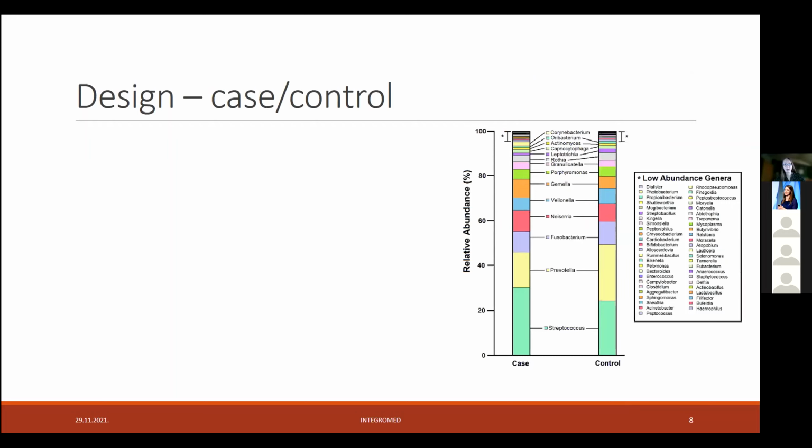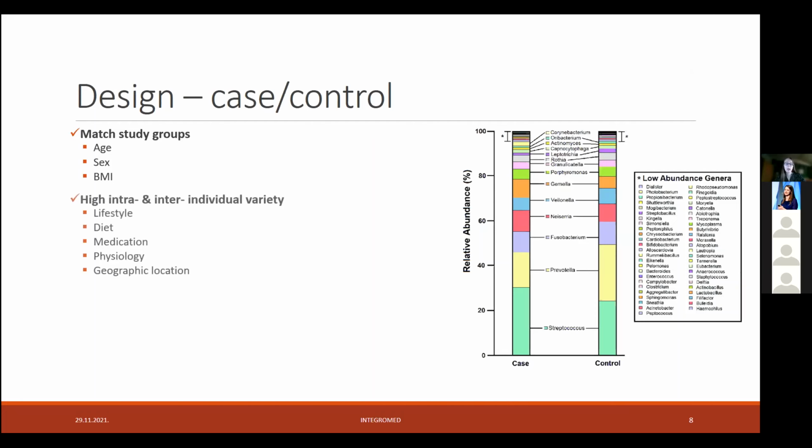So the first one is case control, which is quite often used. To perform these studies with highest quality, it should be good if we could match the study groups. We could match them by age, gender, BMI. As we know, these factors can also impact the microbiome.